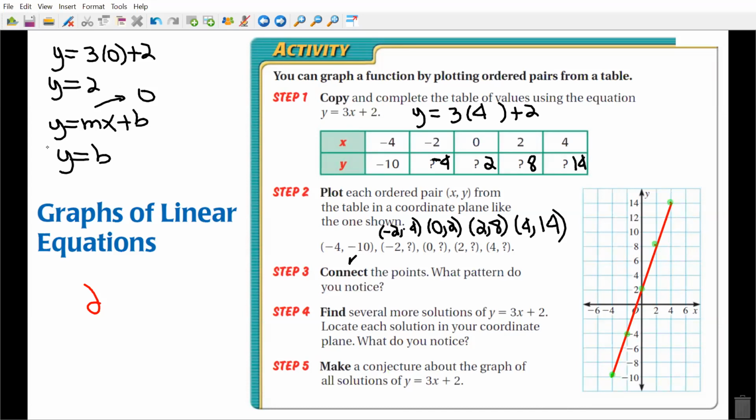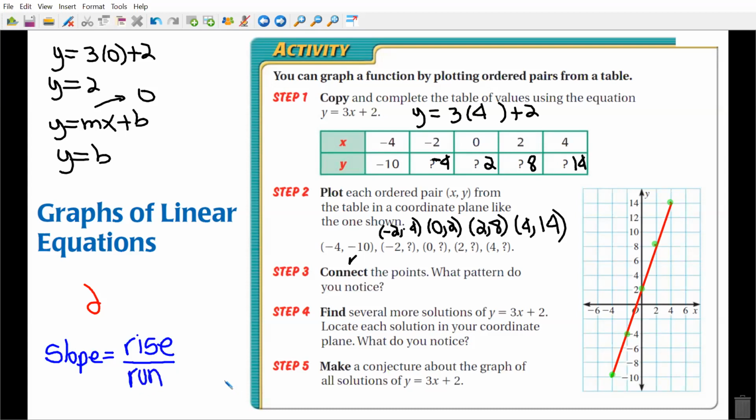Now, there is a magic word that is going to be very important here, and it's the word slope. Okay? And what is slope? Slope is rise divided by run.